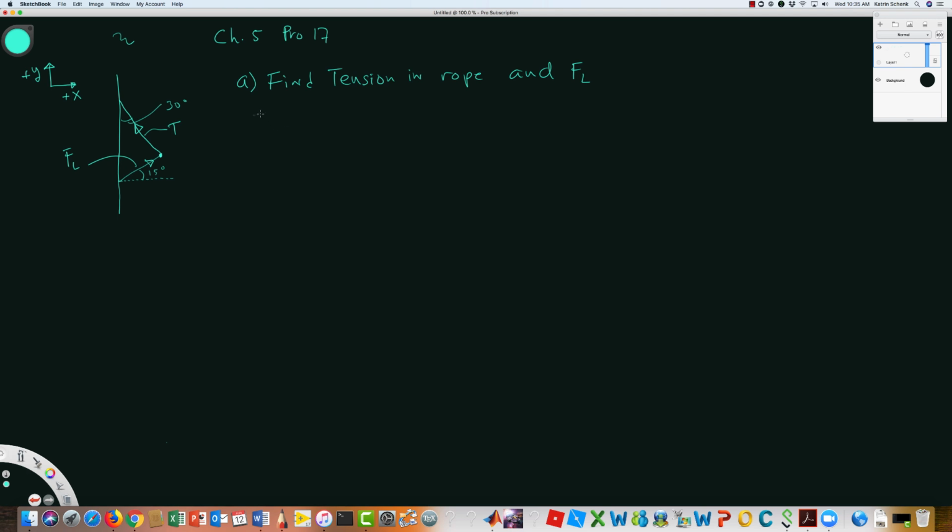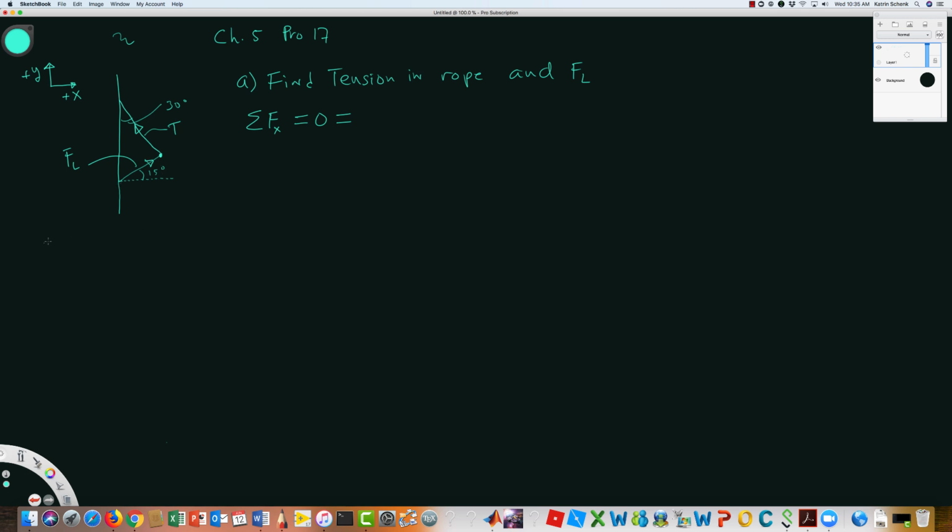So that tells me what to do as far as signs go. All right, so first I'm going to do the x direction. The sum of all the forces in the x direction must equal 0. So what are the forces in the x direction? Well, FL has a component in the x direction that's given by the cosine. So FL times the cosine of 15 degrees, because the cosine is the adjacent side over the hypotenuse.